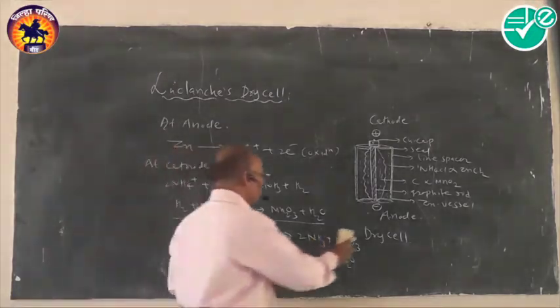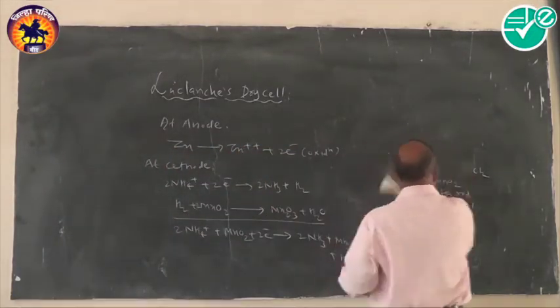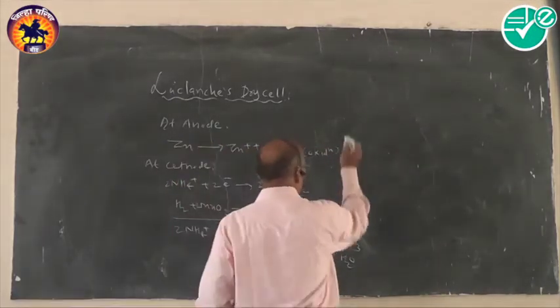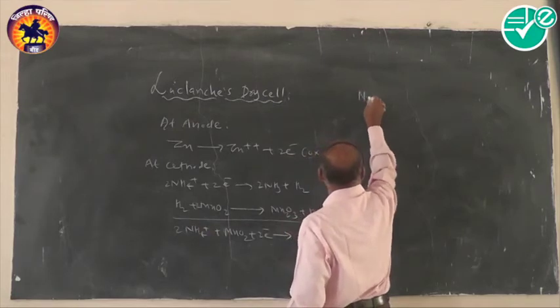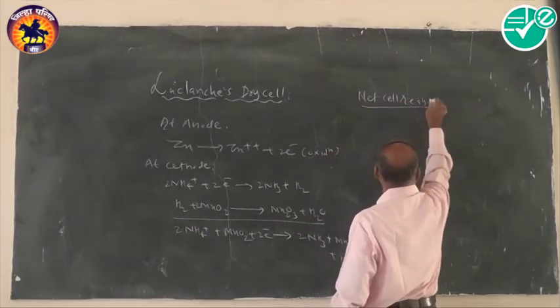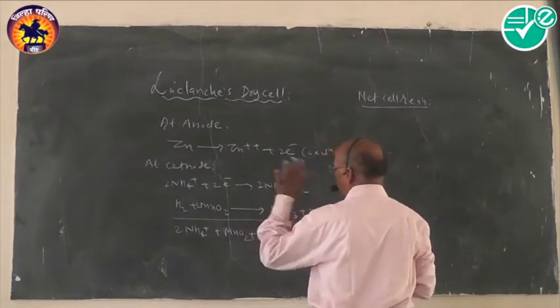After this, we will have the net cell reaction by combining the anodic reaction and the cathodic reaction. You can check yourself.